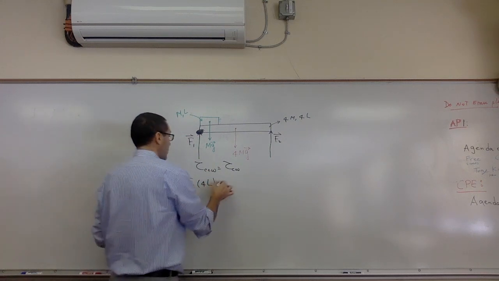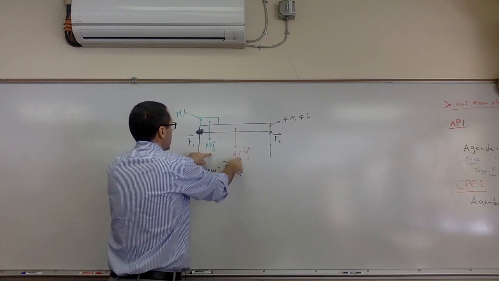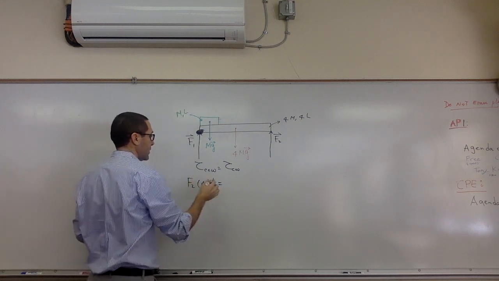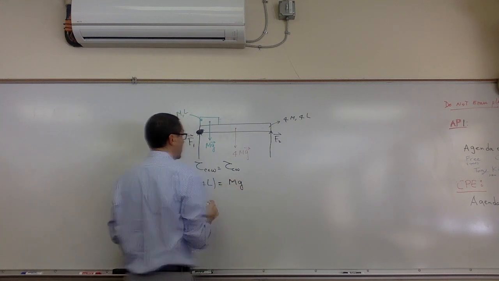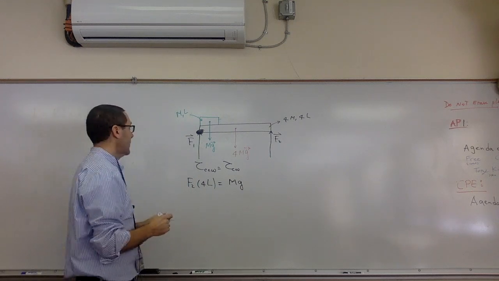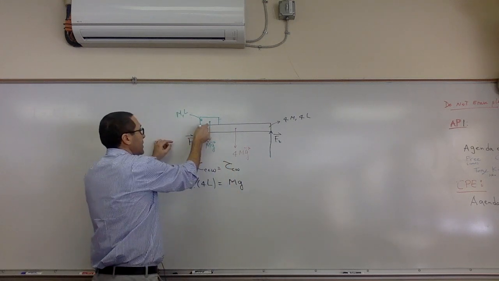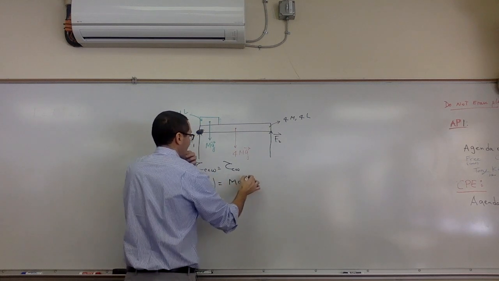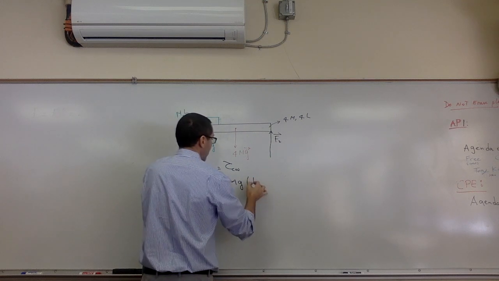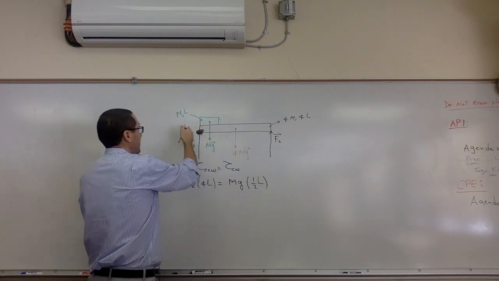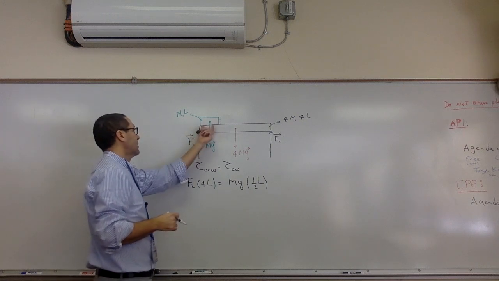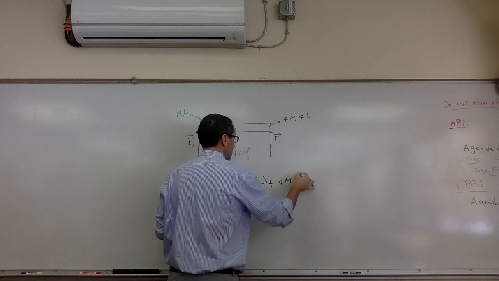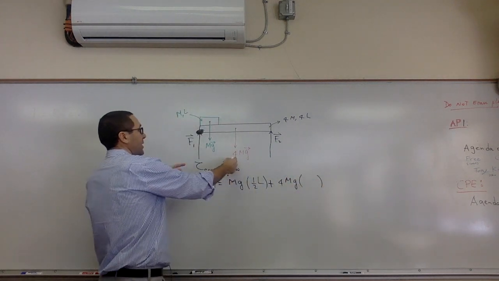Equals both mg and 4mg, they both try to make you spin clockwise. So it's going to be mg, and here we don't have to deal with the angle, it's all acting at 90 degrees. And this one is half L from the end. If this whole thing is L, this is half of L, plus 4mg times, and I think from here to here should be 2L.